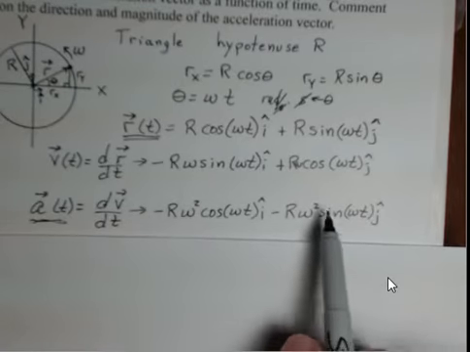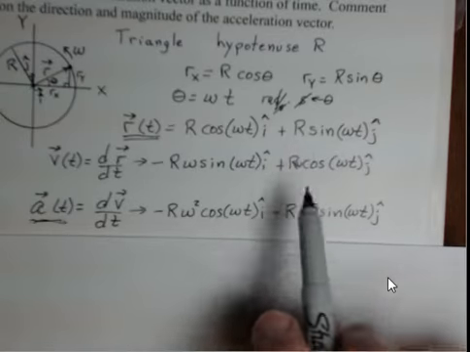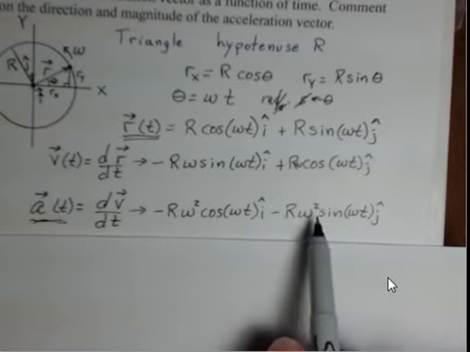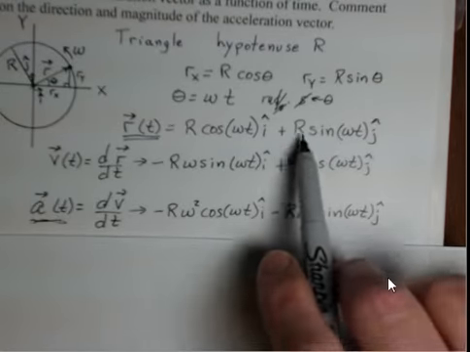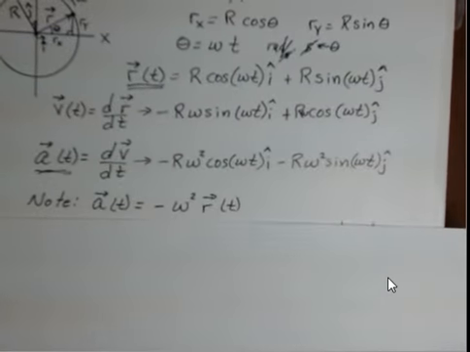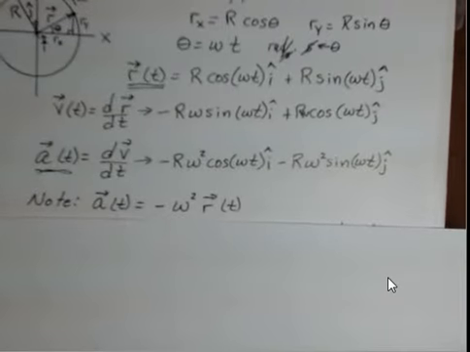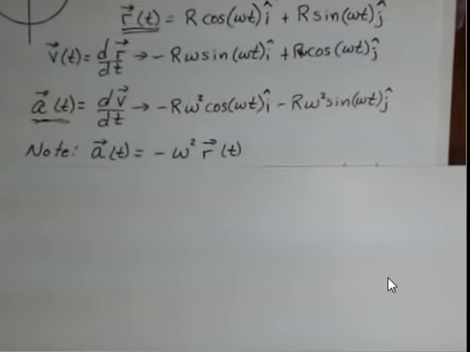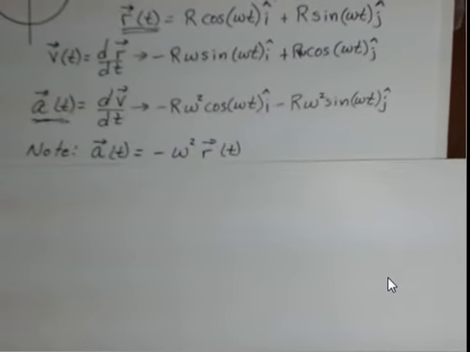Same thing here, sine and sine, r and r, but a minus omega squared factor that's not in the r term. So I can say that the acceleration vector is minus omega squared times the radius vector.